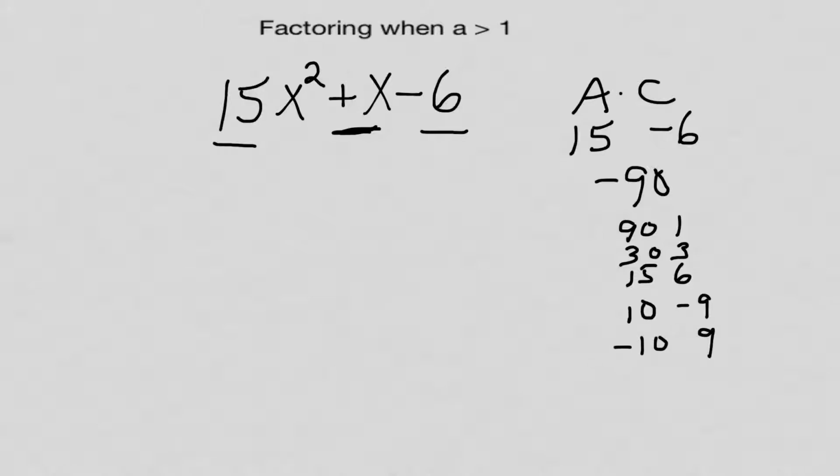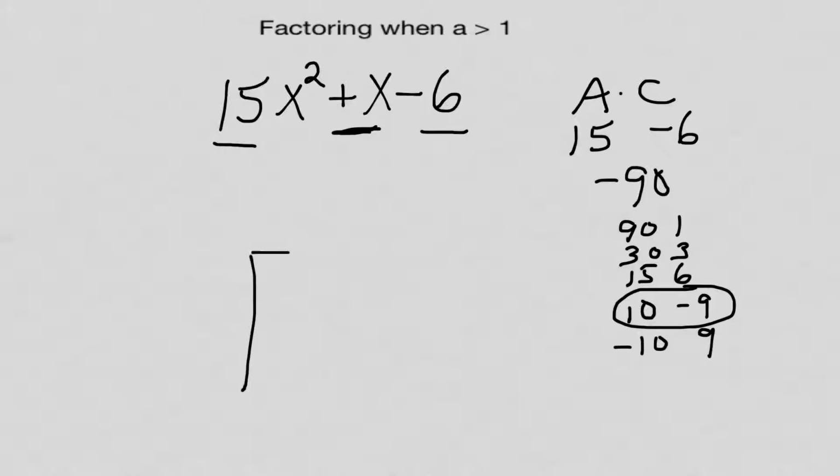All right? We've got what we need here. 10 times -9 gives us -90. And if you add these two together, it gives us the +1 that we want. So this is the set we want here.